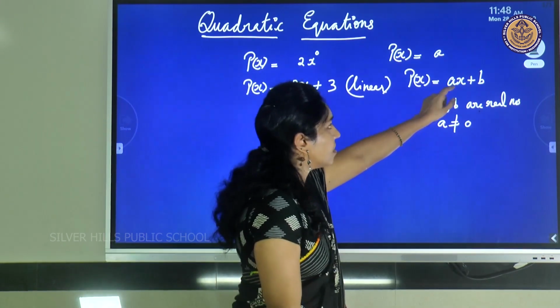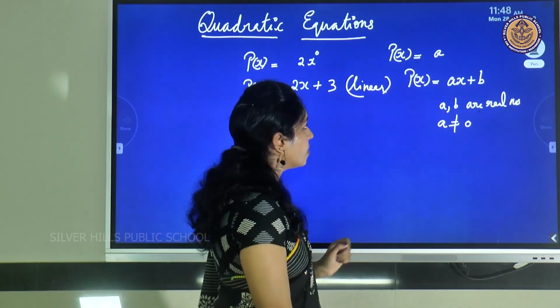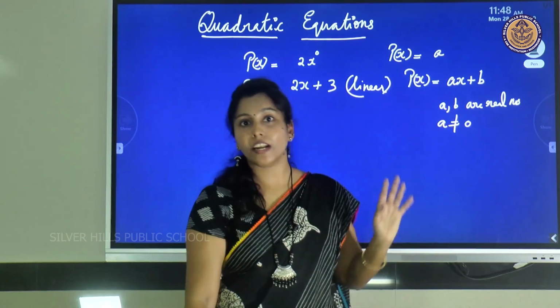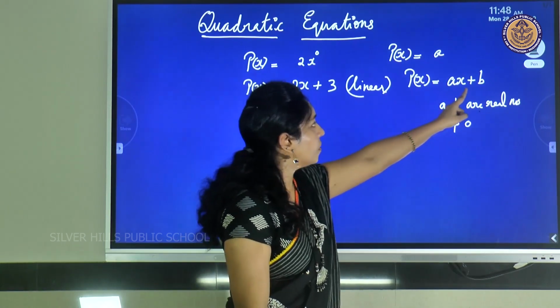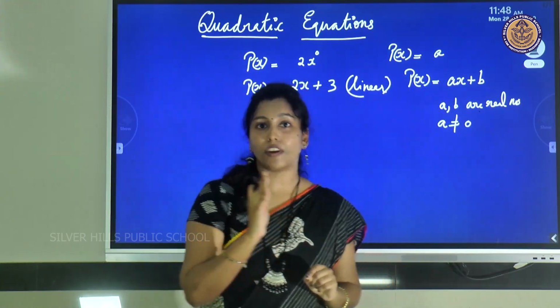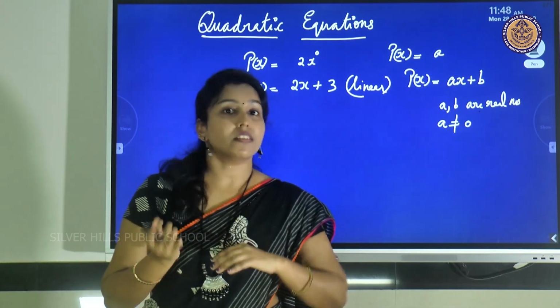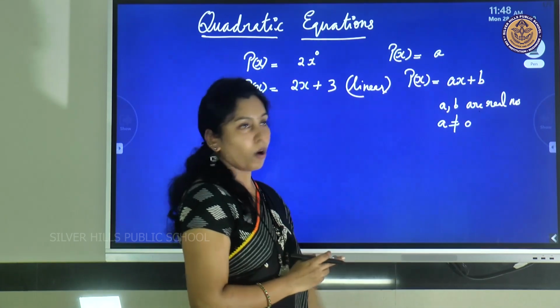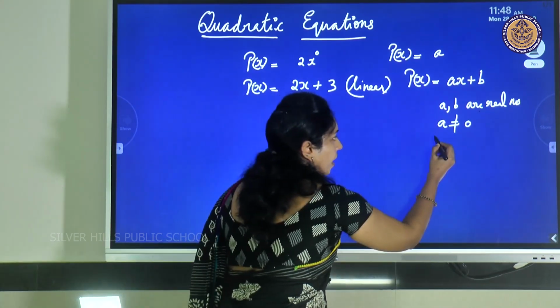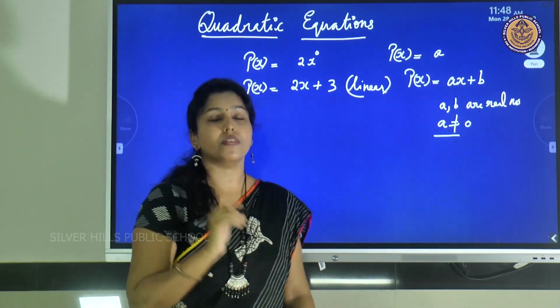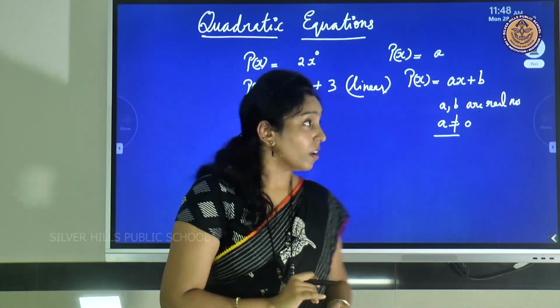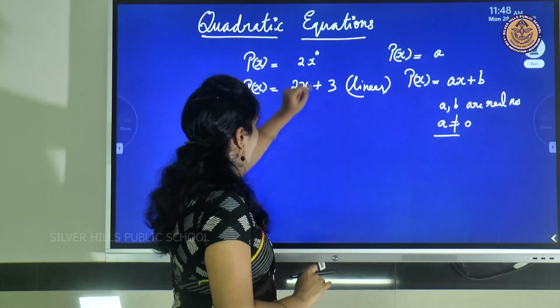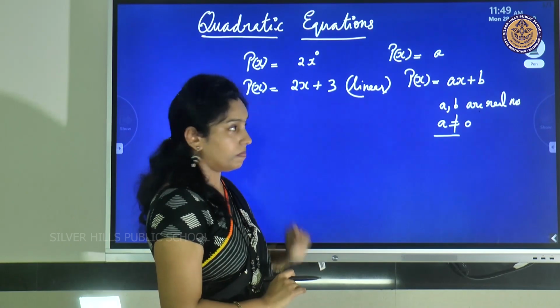Suppose a is equal to 0. So, what happens? This ax completely goes and we will be left with just a single term, p of x is equal to b, and that is not a linear polynomial. It is a constant polynomial. So, this condition a not equal to 0 is very, very important. So, polynomial of degree 0, of degree 1.